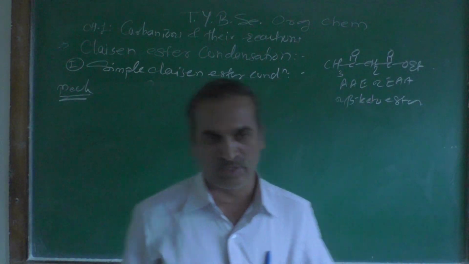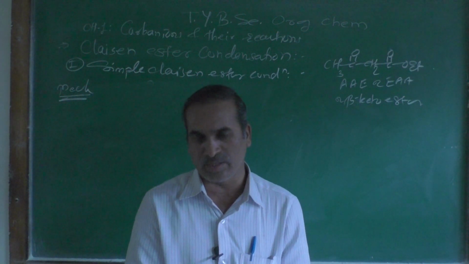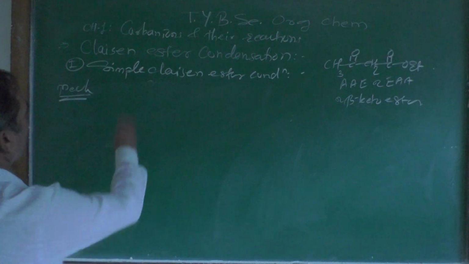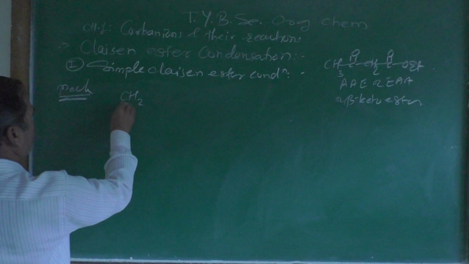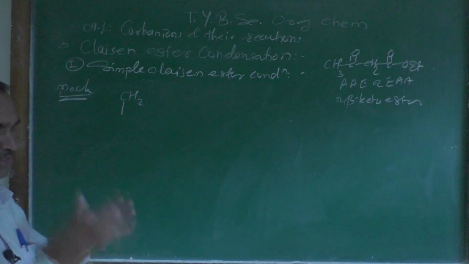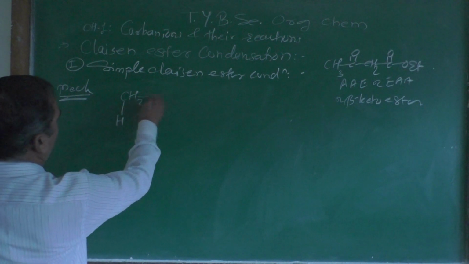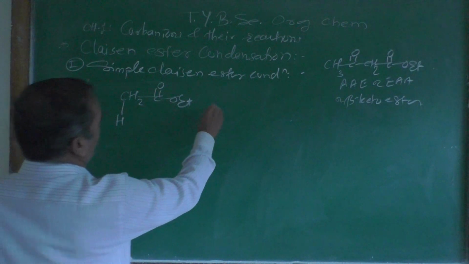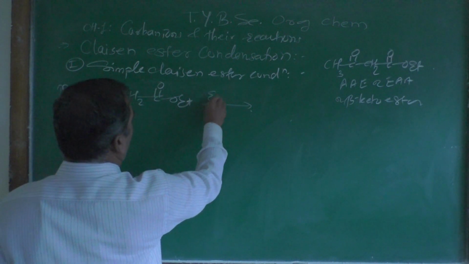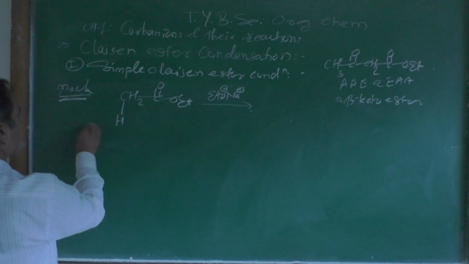Step number one is the formation of the carbanion. So how does it form? For the sake of convenience, I am writing one of the hydrogen atoms like this, then C double bond O, OEt. Now whenever we use sodium ethoxide, what is going to happen?